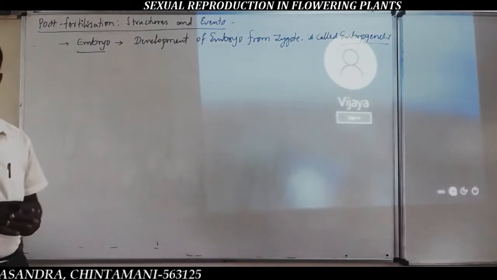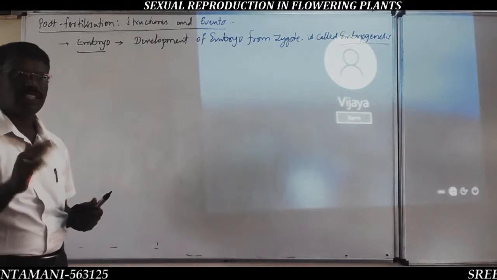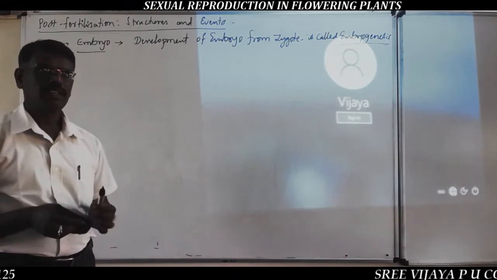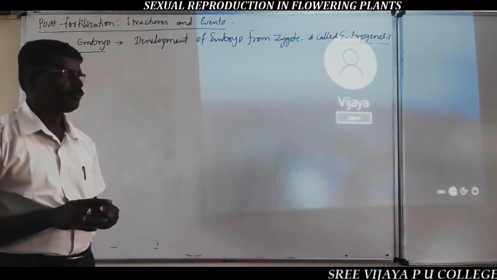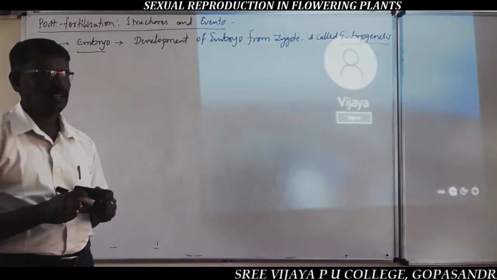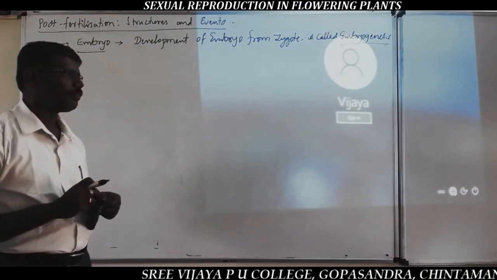So the embryogenesis in both monocots and dicots, the early developmental stages are the same. There is no change.